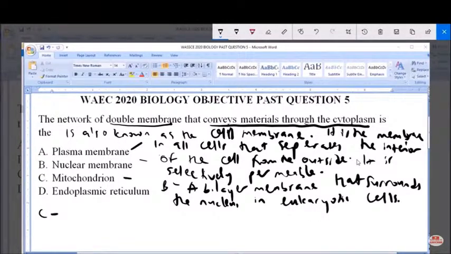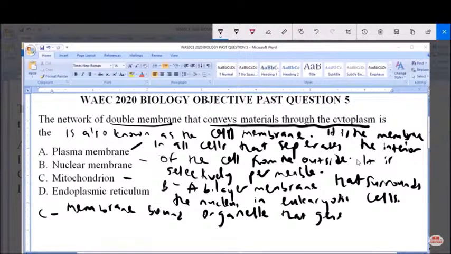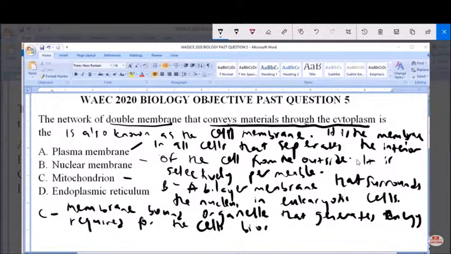Option C, the mitochondrion, is a membrane-bound organelle that generates energy required for the cell's biochemical reactions.